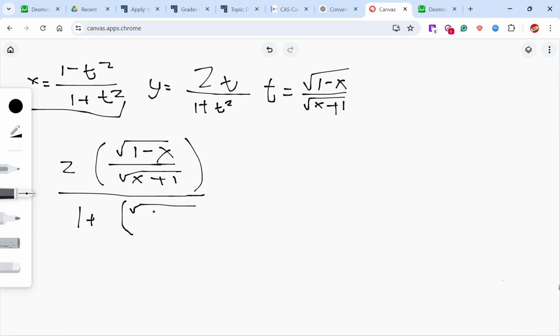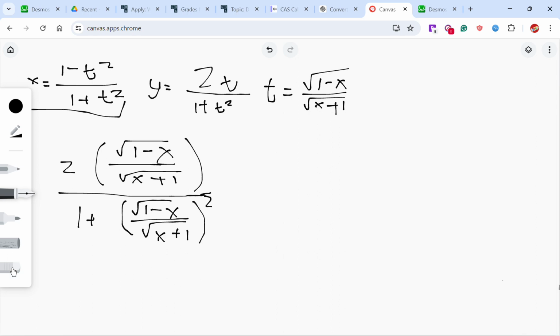the same equation here. x. Square that. We're just going to move this out for now.